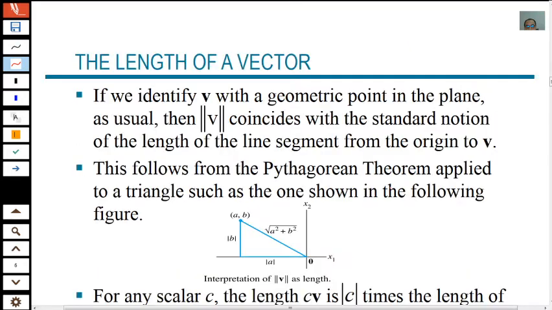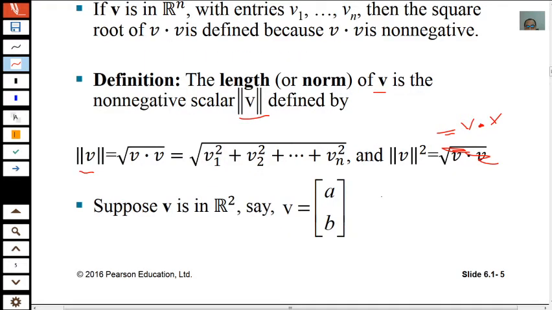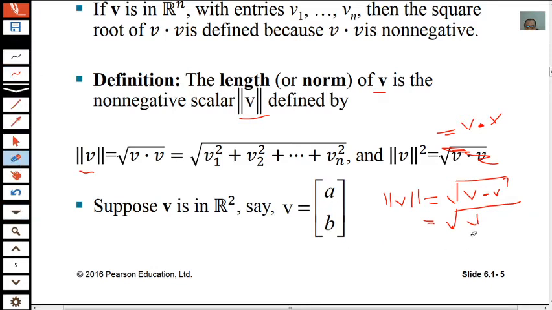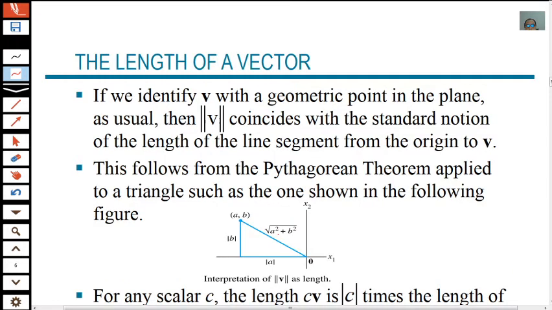So the length of v is the square root of the dot product by itself, which is the square root of a squared plus b squared.